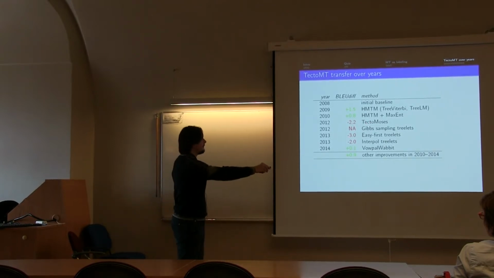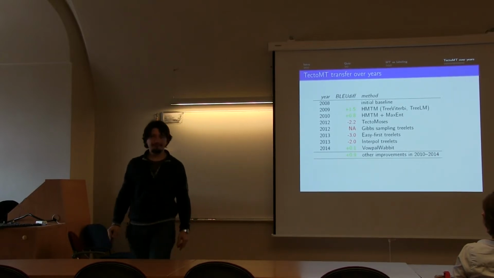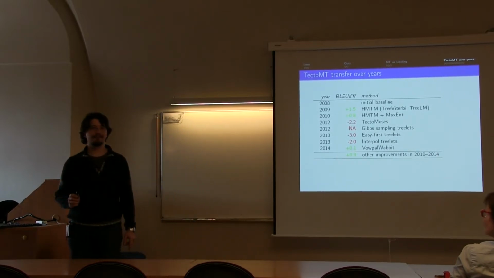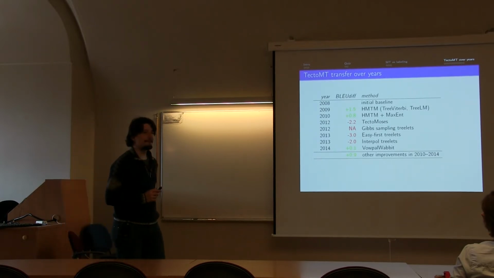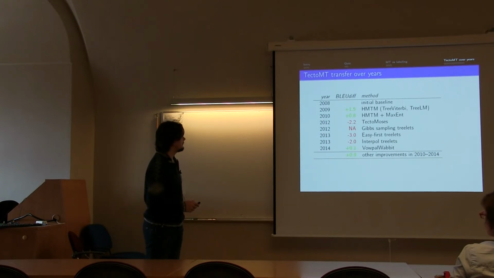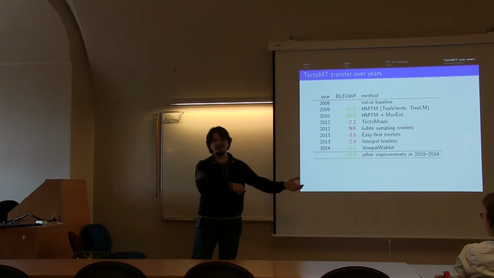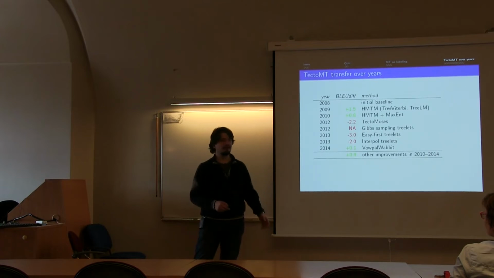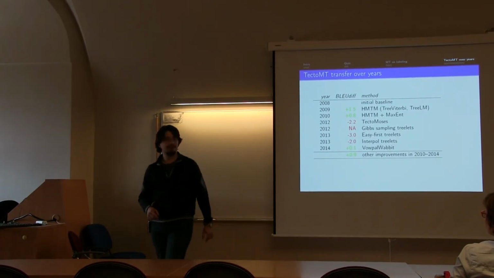So this is minus 3 relative to this. These are somehow orthogonal. These are improvements in parsing and rule-based blocks and so on. So basically, when I add this, all scores here go up 1 point.